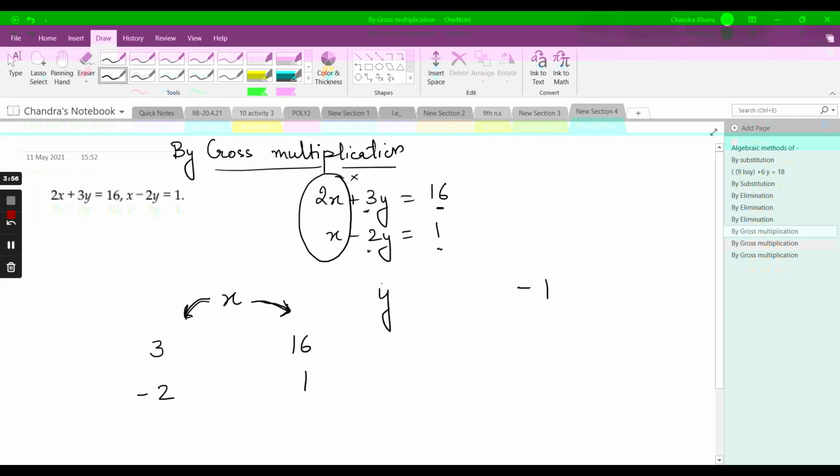Now when I want to write under y, I will look at the y terms. I am going to hide my y terms here. Come to constants. The constants are already on the left hand side. And I am going to come to the x terms. The x coefficients are 2 and 1. So on the right side we have 2 and 1.